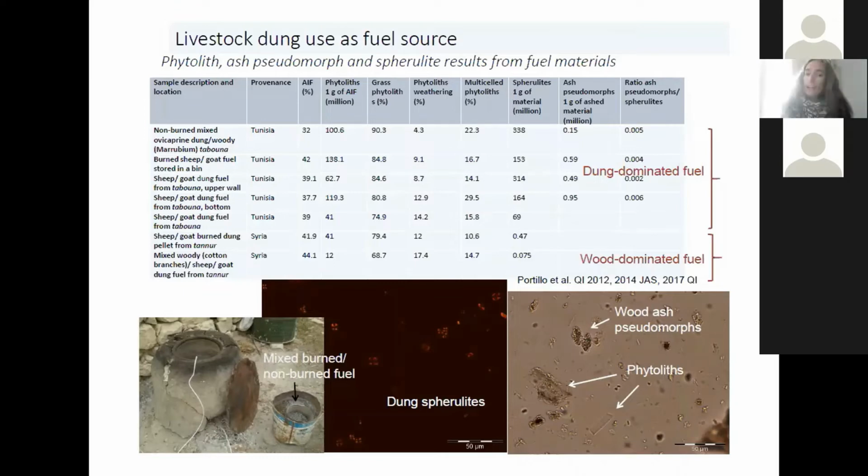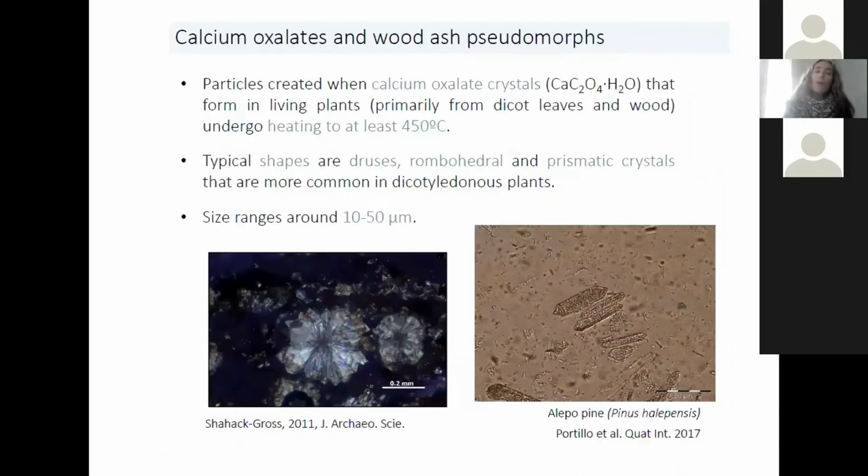In addition to phytoliths, we also look at other calcitic particles of plant origin, which are the wood ash pseudomorphs. Here you have some examples from this reference of modern ashes from La Laguna. These are in fact calcium oxalates, which are found particularly in dicotyledonous leaves, wood and bark.